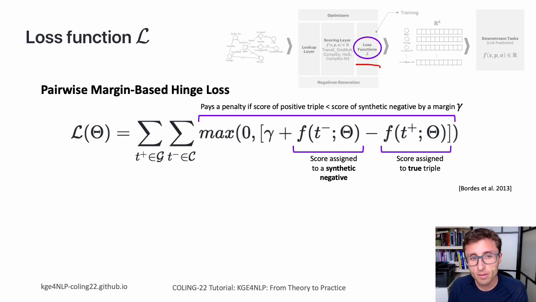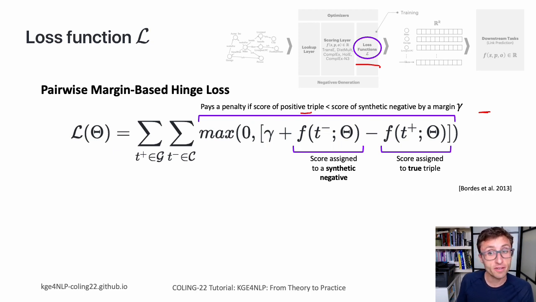So I will briefly give you an understanding of how it works. This is a function that makes you pay a penalty if the score of a positive triple, T plus, is lesser than the score of a synthetic negative by at least a margin gamma.